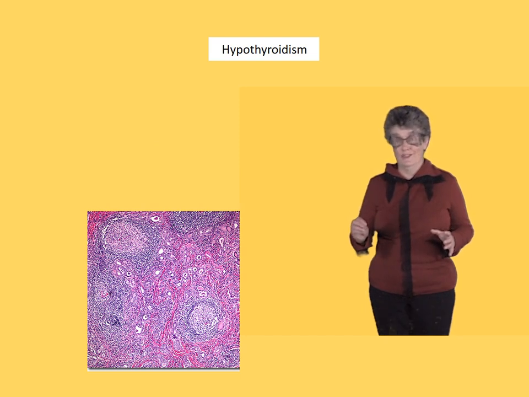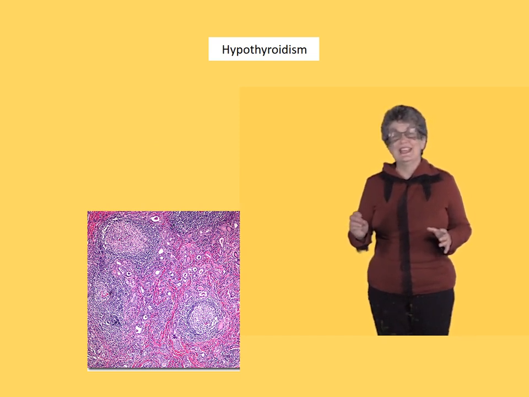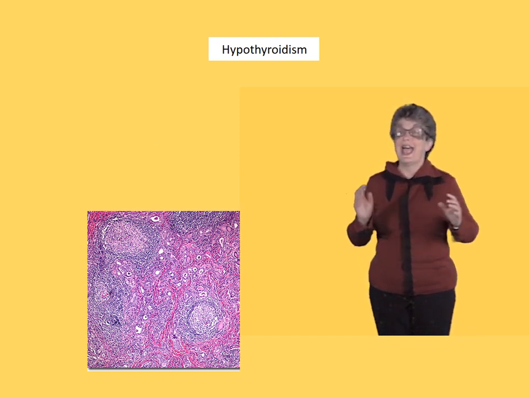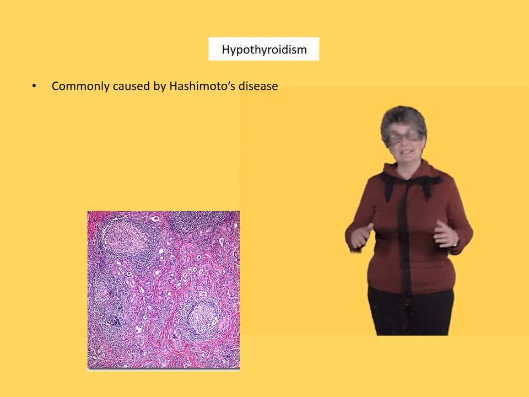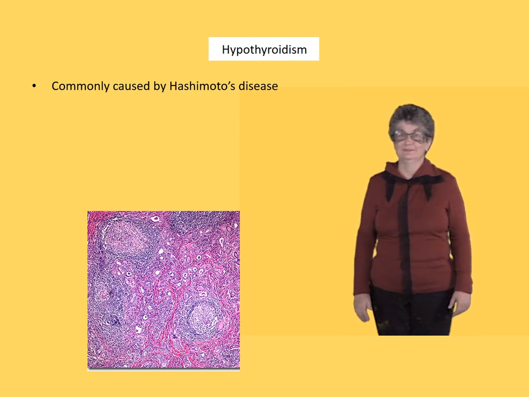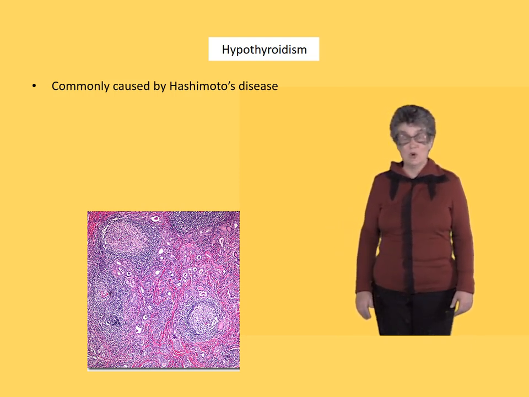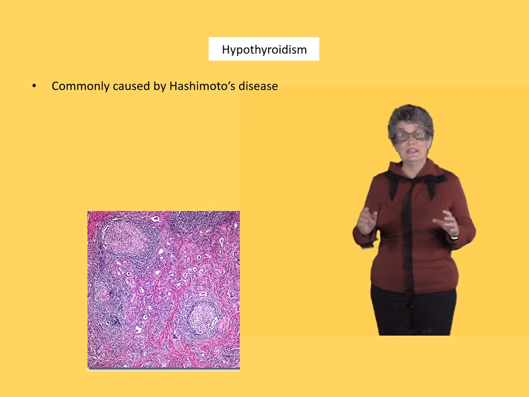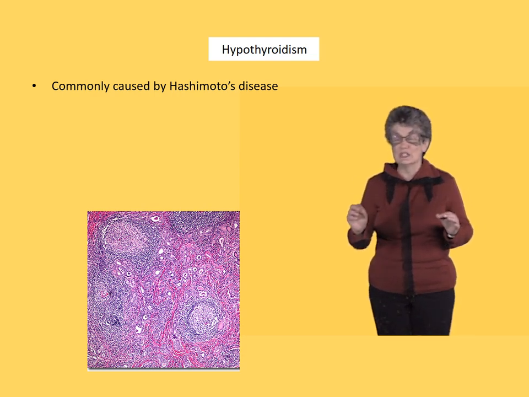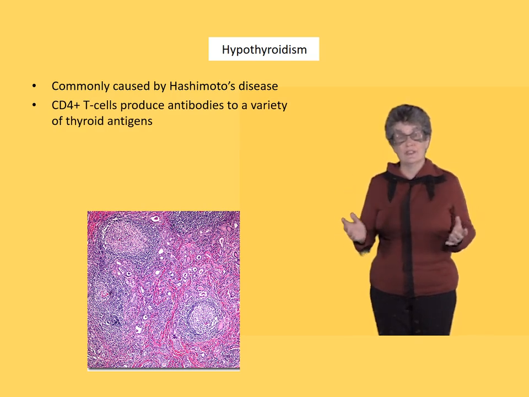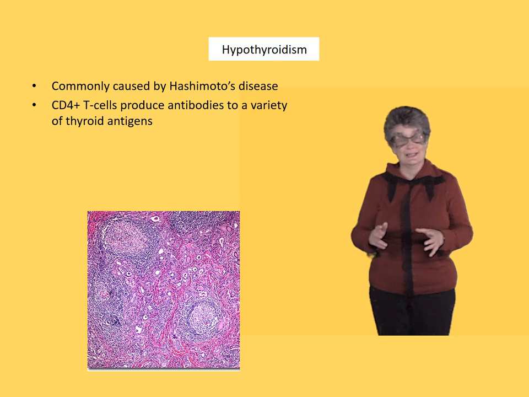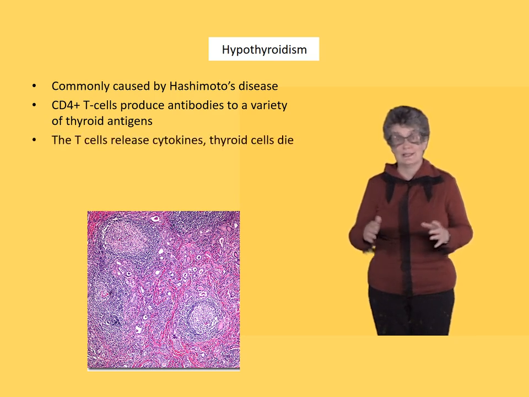Hypothyroidism, underfunctioning of the thyroid gland, is most commonly caused by Hashimoto's disease, another autoimmune disease with a completely different mechanism. In Hashimoto's disease, CD4 positive T cells produce antibodies to a variety of thyroid antigens. These release cytokines that tell the thyroid cells to die.